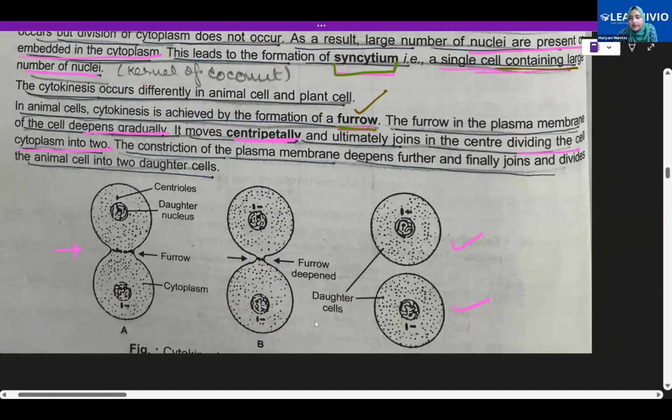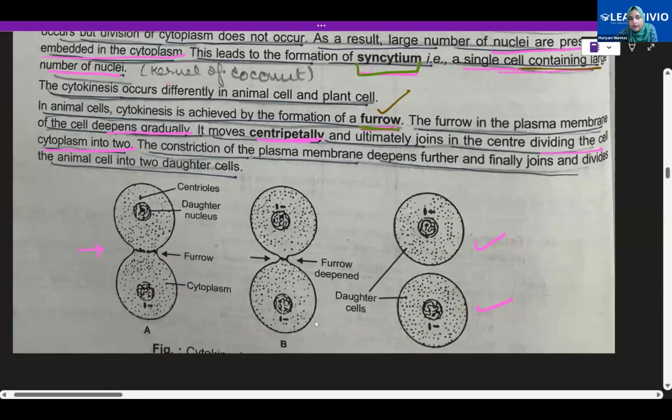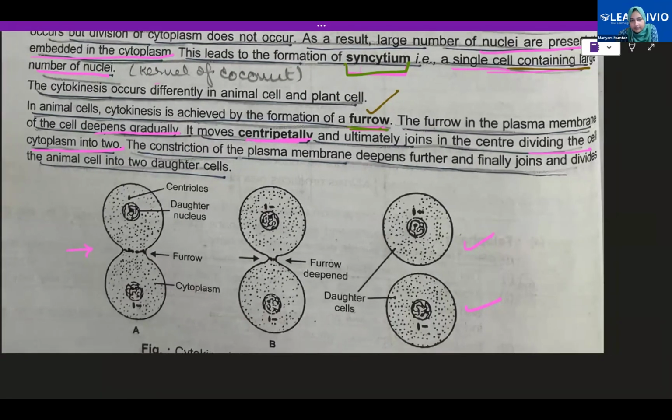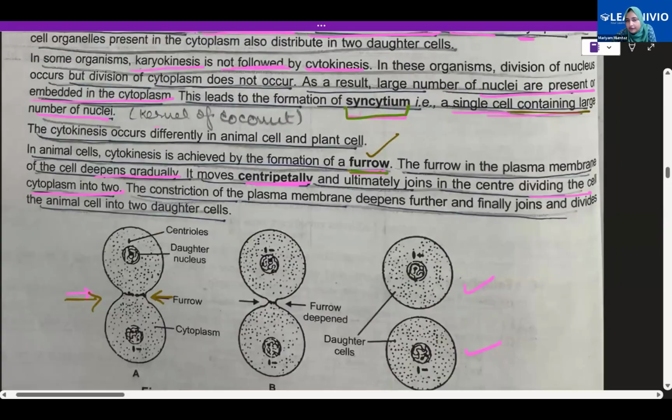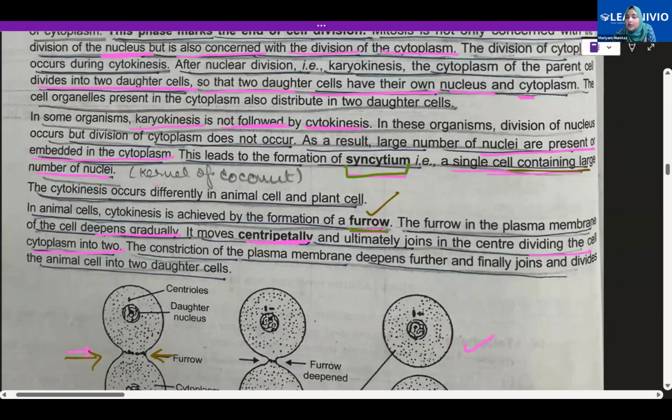Okay, so the furrow in the plasma membrane of the cell deepens, like from here. The force that acts towards the center is called centripetal, right? Towards the center. Ultimately, it will divide the cell into two daughter cells. Thereby, this is furrow formation in animal cells, which takes place centripetally.